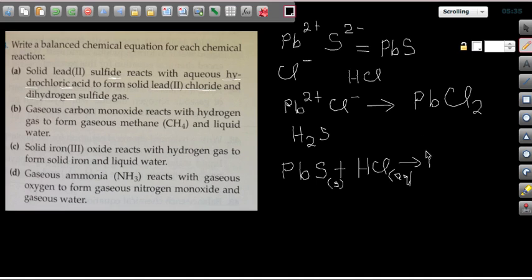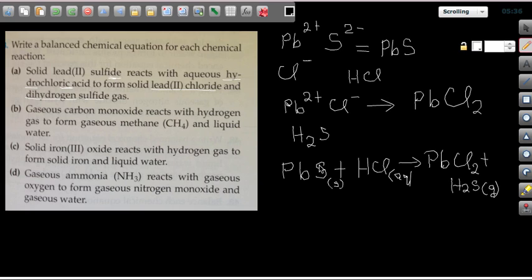It doesn't say what form. So PbCl2, and the other one is gas, dihydrogen sulfide. Okay, so I have here lead sulfide plus aqueous hydrochloric acid gives me lead chloride and hydrogen sulfide gas.